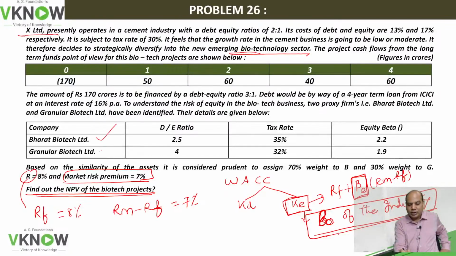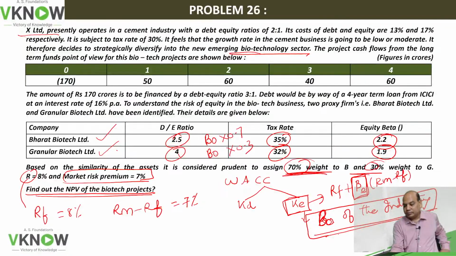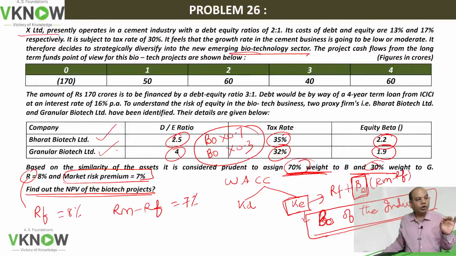There are two representative firms. Using their equity beta, tax rate, and debt equity ratio, I will find the overall beta based on these two firms. After getting that, we'll multiply by the weights given in the problem. That will give me the overall beta of the industry. Using it, we will find the equity beta.